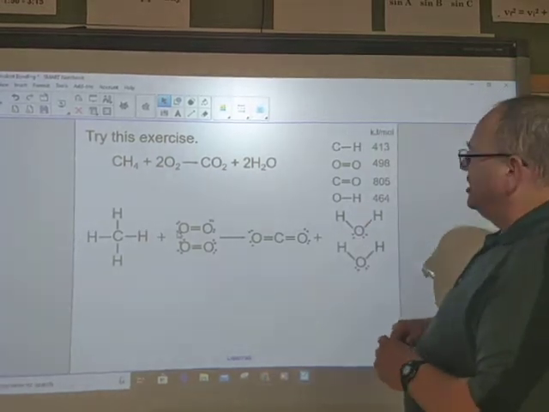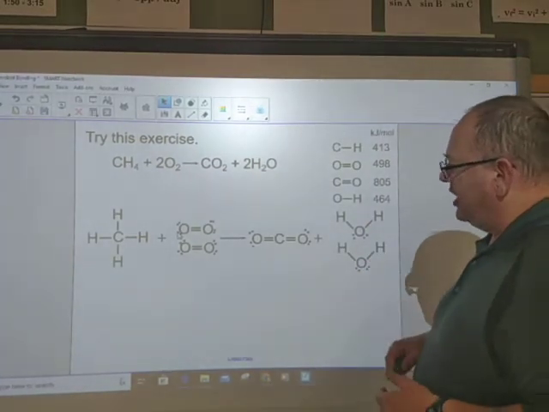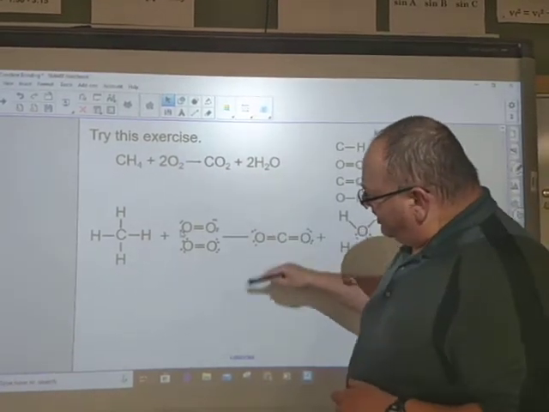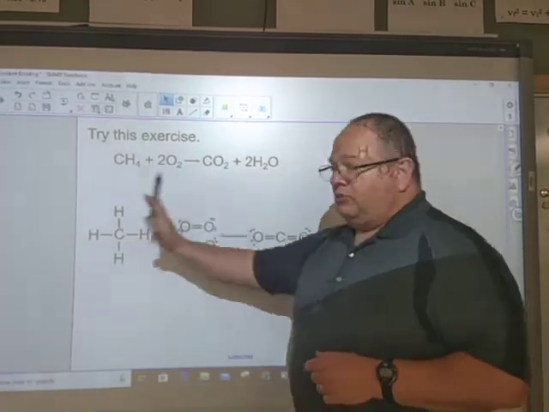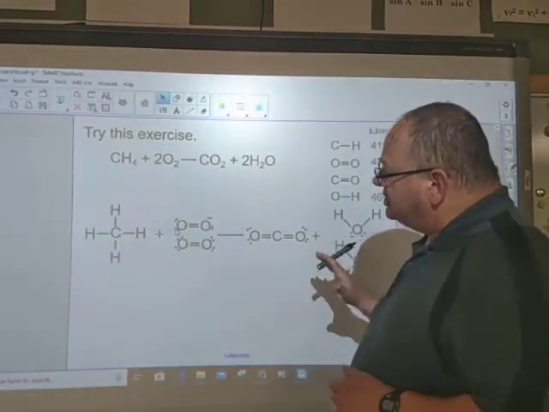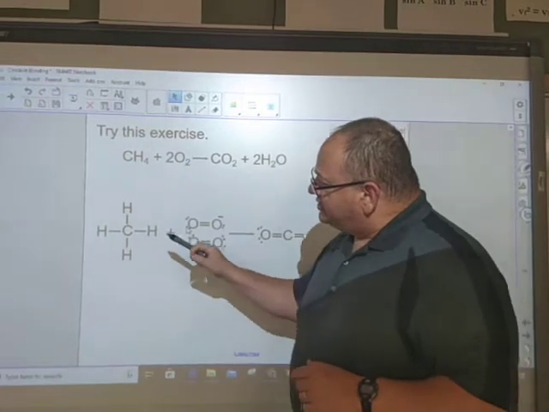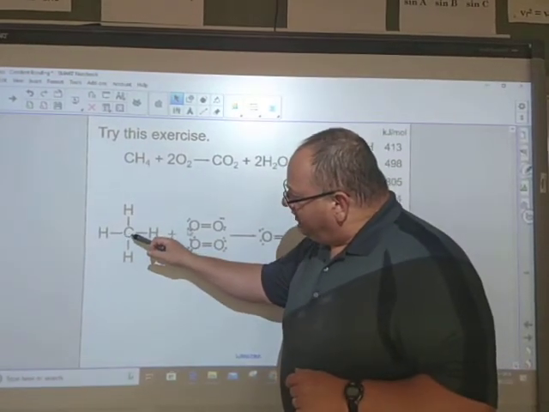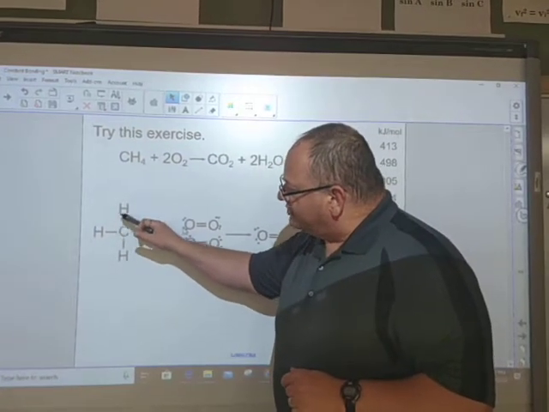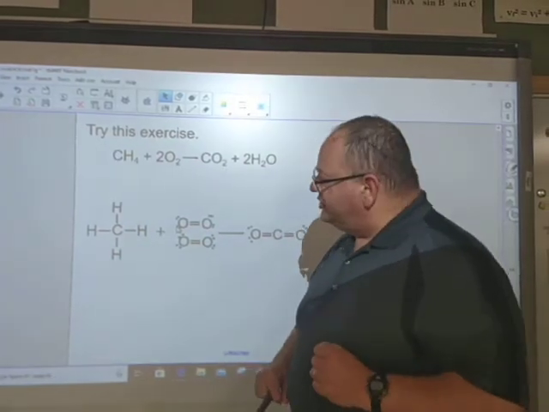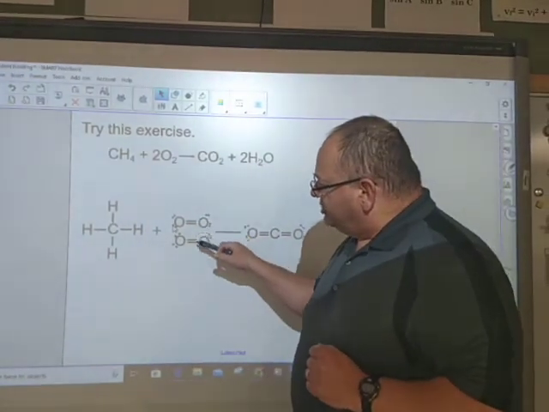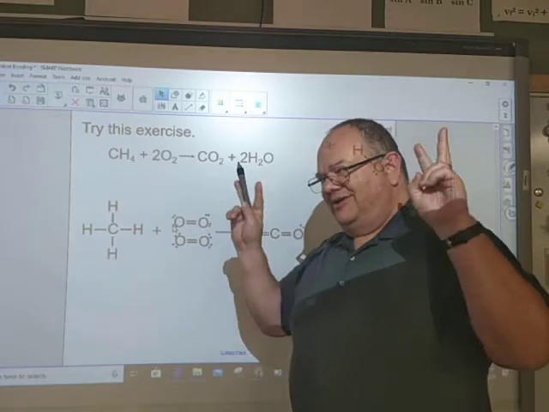All right, so now I got to add up the energy. Here's my arrow that separates the reactants from the products, and in my reactants, I have bonds between carbon and hydrogen, and there's 4 carbon-hydrogen single bonds, and there's 2 oxygen-oxygen double bonds.